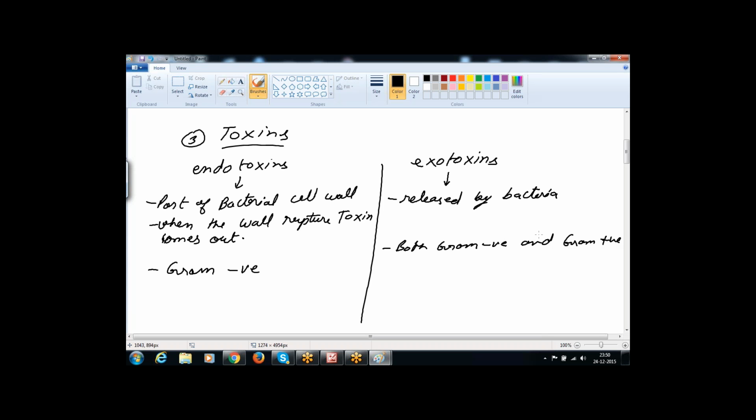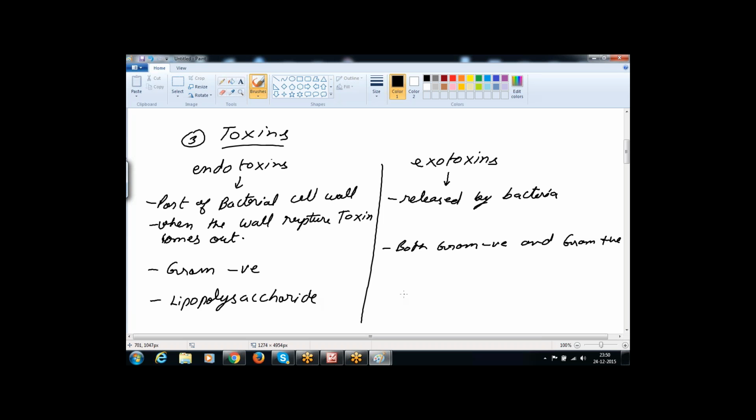Remember that it is part of the cell membrane, as I already told you. Endotoxin is lipopolysaccharide in nature. Chemically, what it is, lipopolysaccharide.